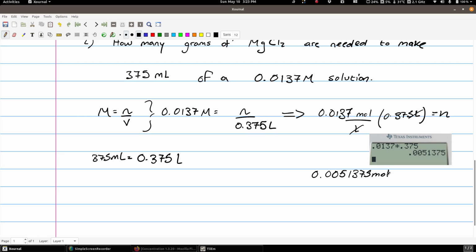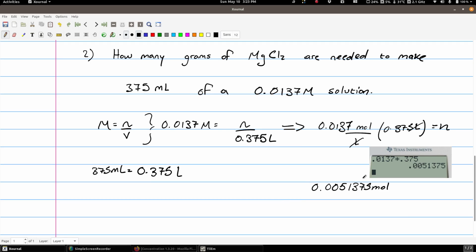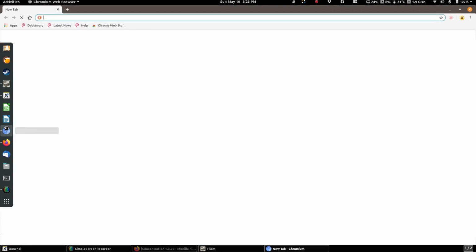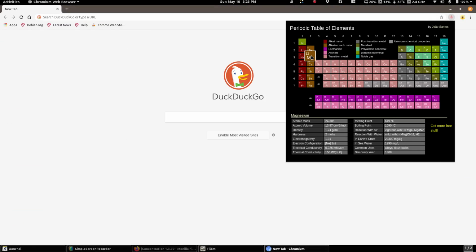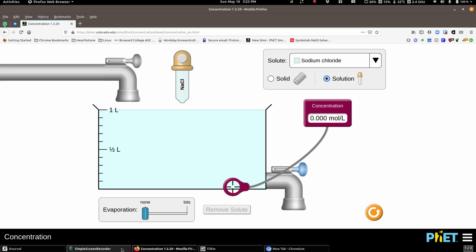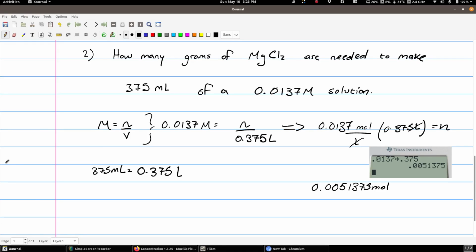Alright, so now, how many grams of magnesium chloride do we need? Well, first things first, we have to figure out what the molar mass of this is. So give me a second, I need a periodic table. So magnesium is 24.3, that's 24.305 plus 35.453 times 2.